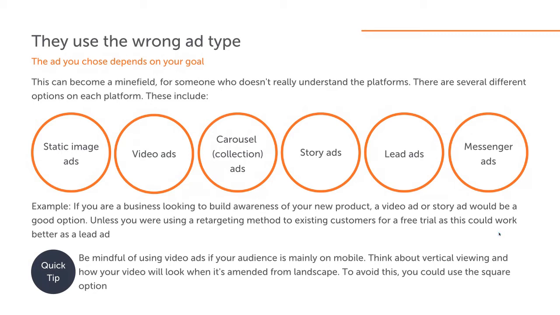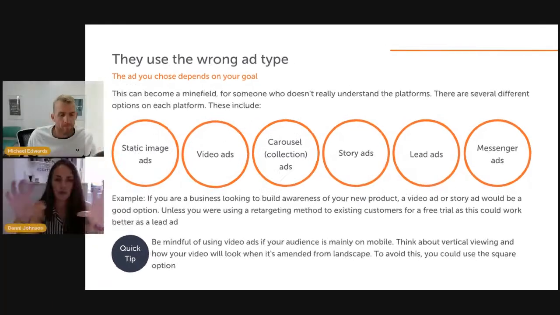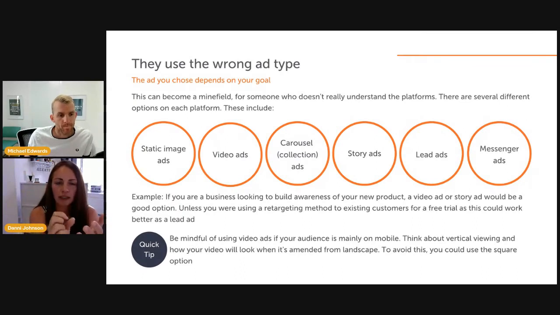A quick tip, be mindful of using video ads if your audience is mainly on mobile. Recently I saw where somebody had recorded a lovely who-are-we promo style video and put it out as an ad. But when people were viewing it on mobile, it was flicking up, and then it was just doing the little mini thing with all the white screen around the back. So it was really difficult for people to even watch, and people just weren't engaging.